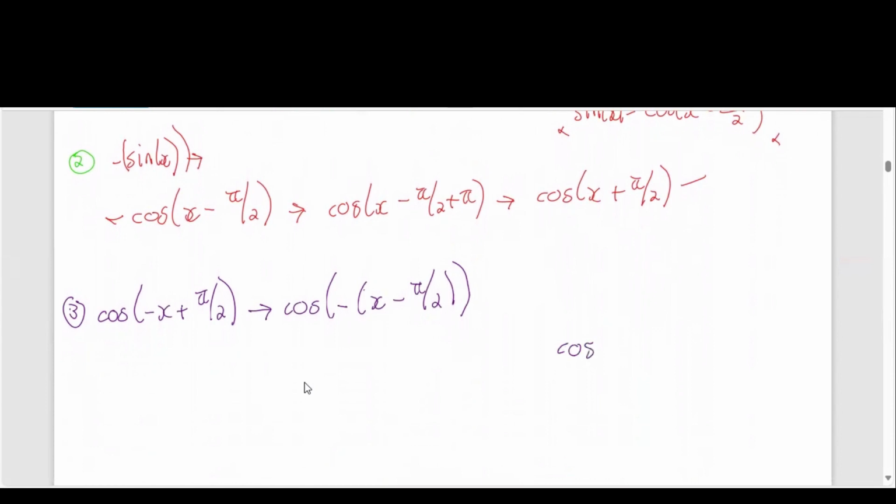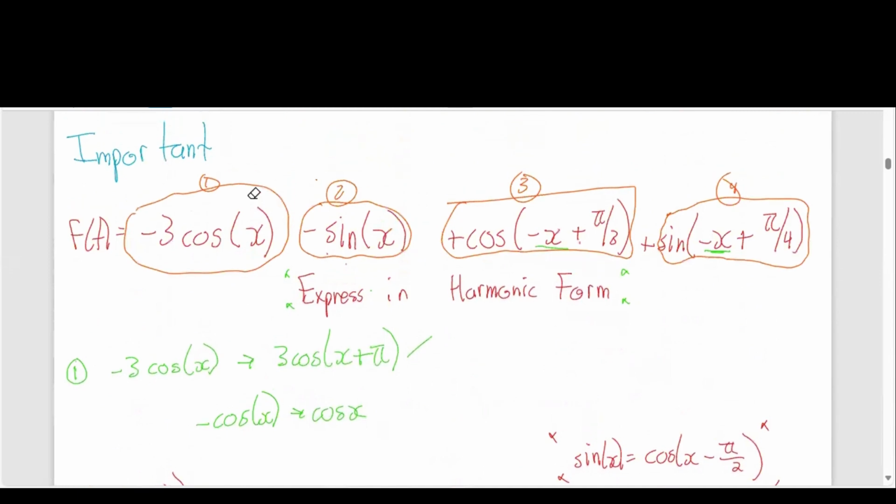Because cos of minus theta is equal to cos theta, because cos is an even function. So this will finally become cos of x minus pi on 2. And that's done.